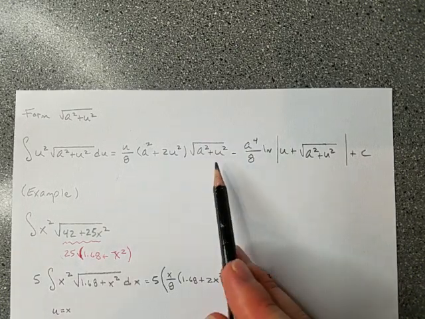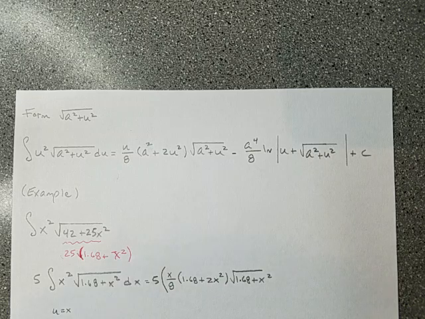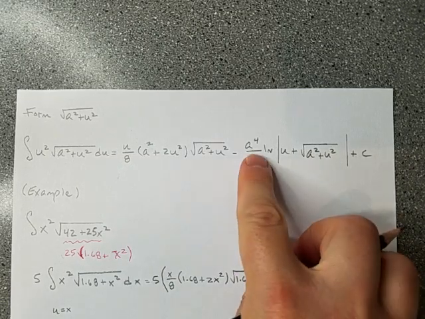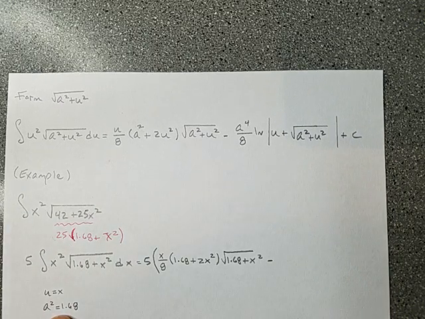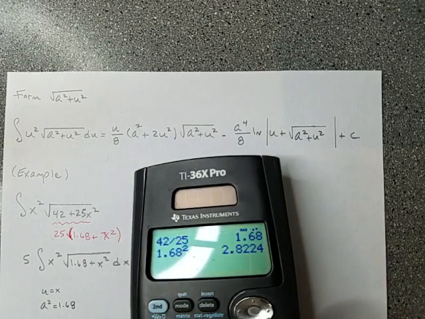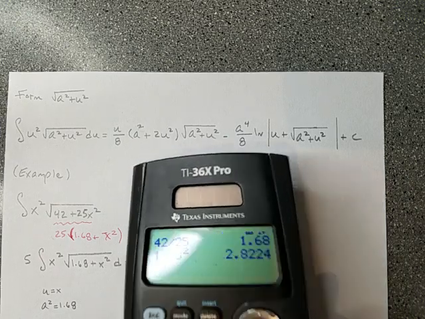That's this part right here, minus a to the 4th power. If 1.68 is a squared, I need to square that to get the 4th power. So 1.68 squared is not a nice number, but it's the number I get, 2.8224.